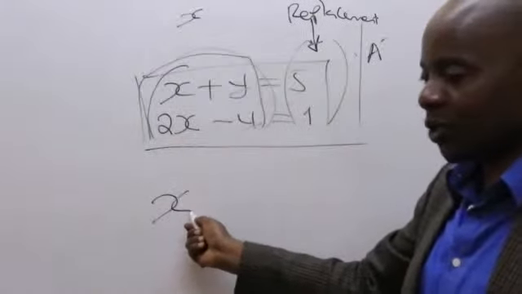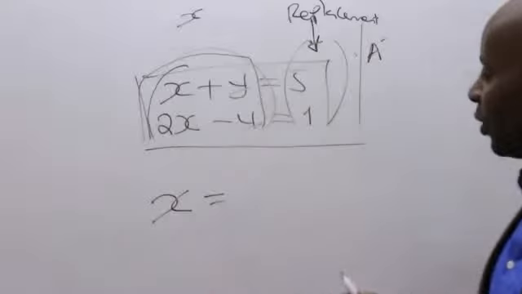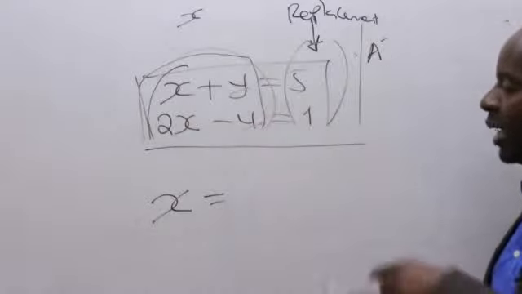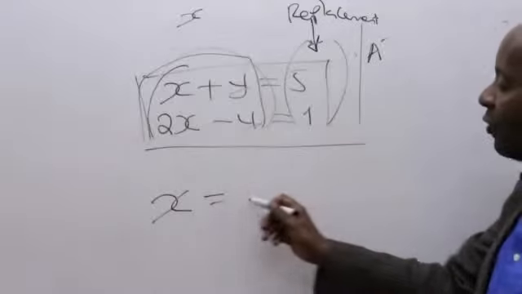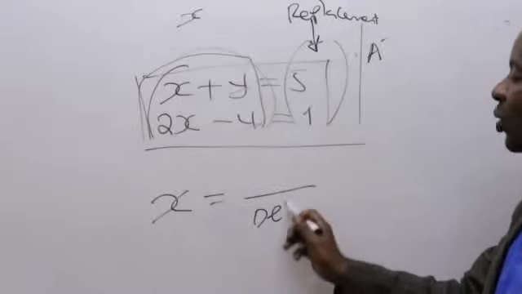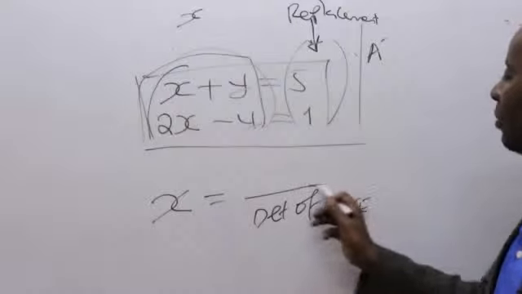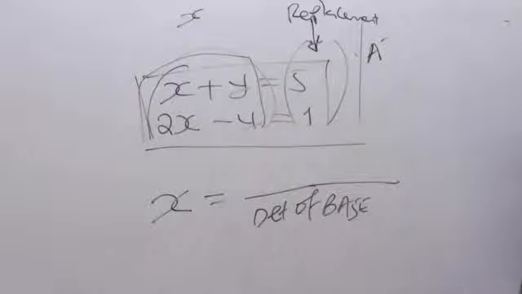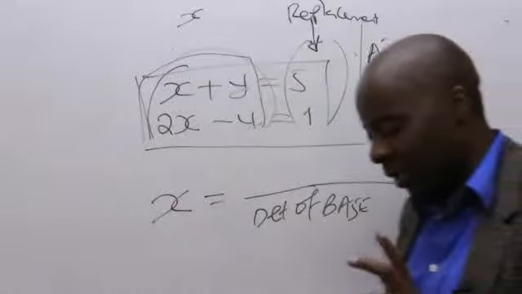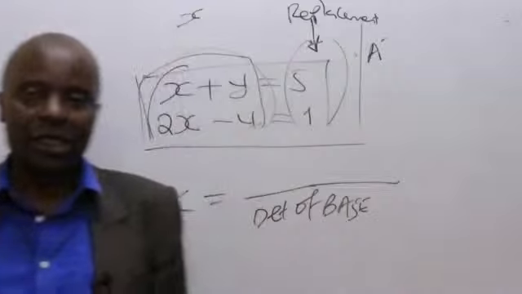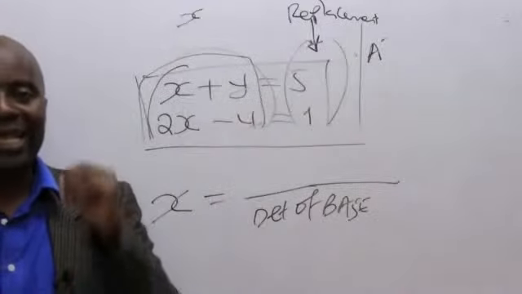Such that if you want me to give you the value of x, listen to me very well, two things. I'll be having the numerator matrix divided by the determinant of the base. I wish somebody can understand this once and for all, because this is something that all of us did in high school.